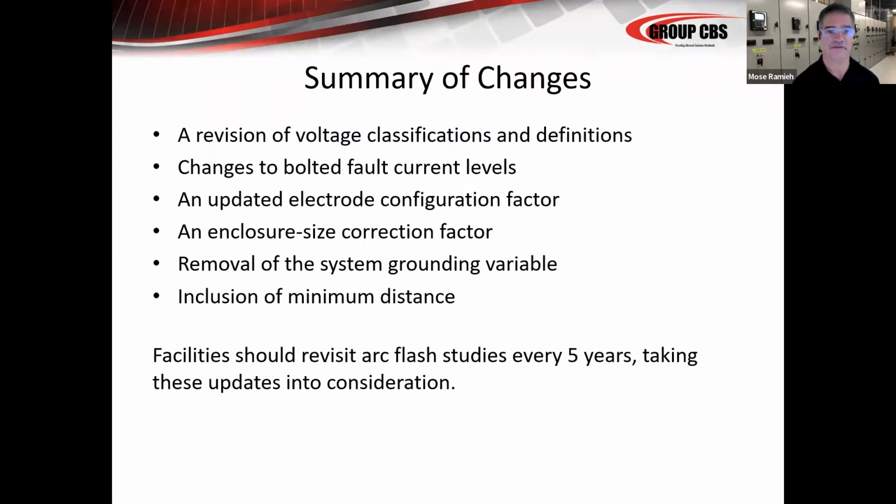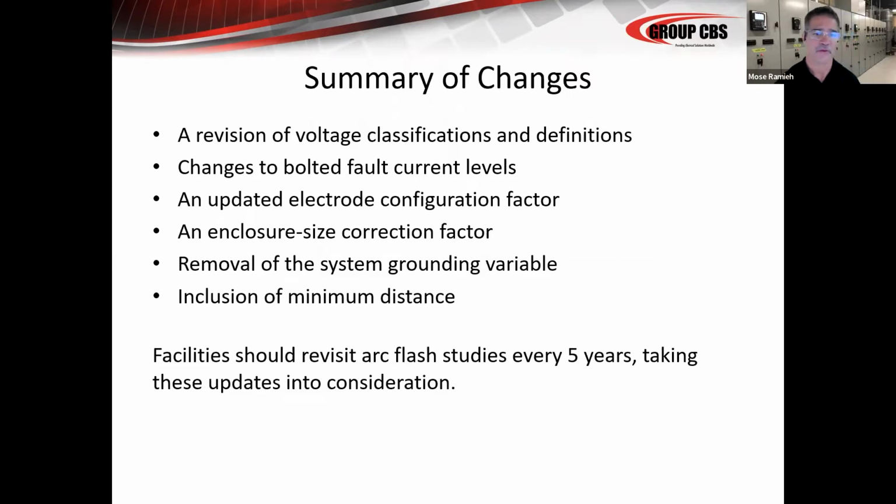If it's a big box, it's not quite as focused. But as the boxes get smaller and shallower, the enclosure size really can turn what might be a more minor fault into a much more focused fault, at least focused on the individual standing in front of it. They're also going to remove the system grounding variable, and then there's the inclusion of minimum distances.